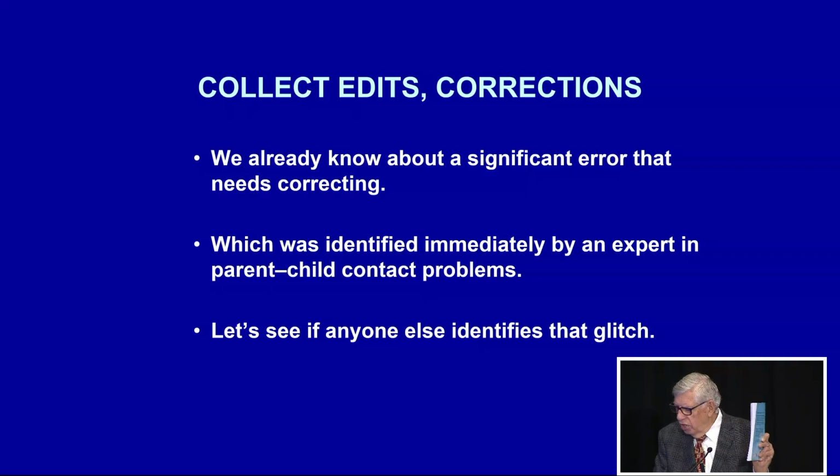So I'm having a contest to see if anybody else identifies this. I looked it up, and the guy who told me about it was correct. It's a little bit esoteric, so you might not really pick it up. But my point is that we've already started this correction process, and I am curious to see if anybody else in the entire world picks up the same correction.